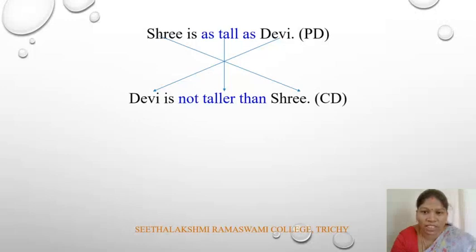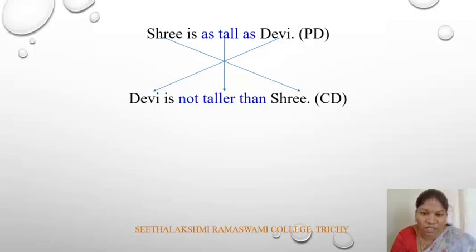Now we have to change this positive degree into comparative degree. According to the rules, first we have to change the subject of the positive degree into the object of comparative degree. So Shri becomes the object of comparative degree. Then we have to change the object of positive degree into the subject of comparative degree.